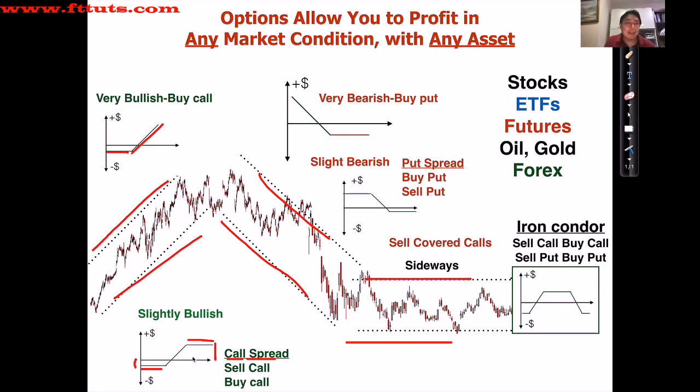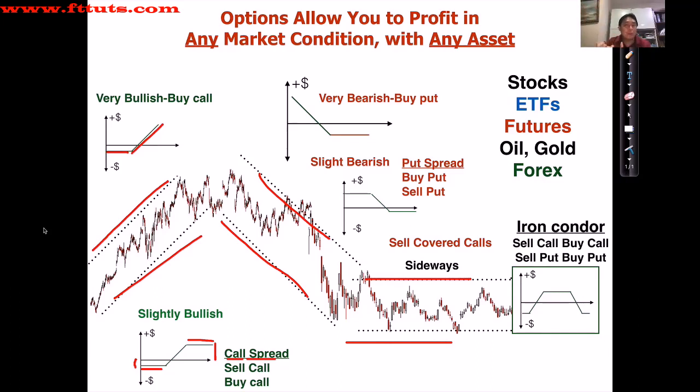You may be thinking, why would I want a limited return when I can get unlimited returns, right? Well, it's because you've learned that when you buy a call, it can be pretty expensive. You have to pay the premium for the call. And as time goes by, what happens? Your call loses value because of time decay. So when you use a call spread, what happens? You buy a call, you have to pay premium. Now, you simultaneously sell another call at a higher strike price, at the target price. And by selling that call, what happens?